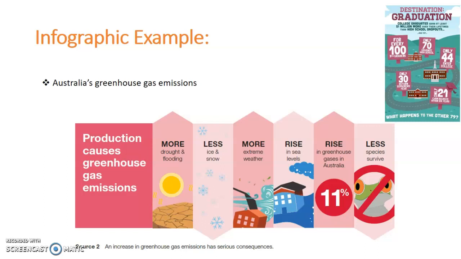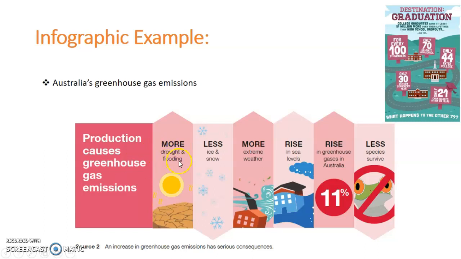Now this is the example I was talking about. Australia's greenhouse emissions. So this is another example of an infographic. Production causes greenhouse gas emissions, which causes more drought and flooding. Again, in the previous video I said if you don't know what drought is, by now you should know what this word means.